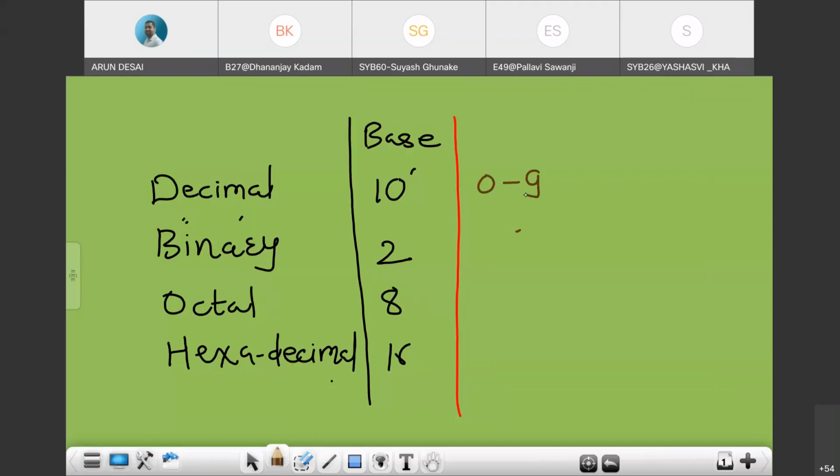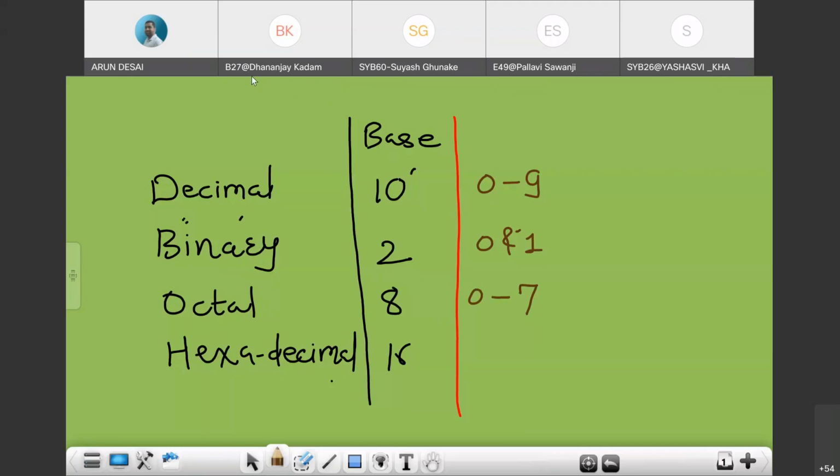For binary, yes, exactly, 0 and 1. Then for octal, yes, 0 to 7. Those unique symbols, 0, 1, 2, 3, 4, 5, 6, and 7, are used for the octal number system.